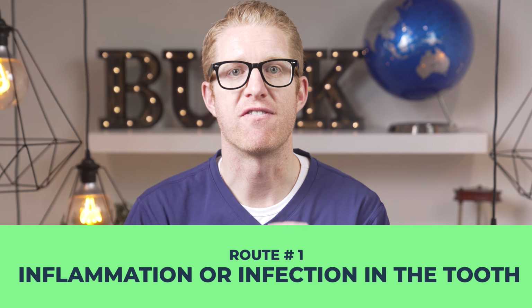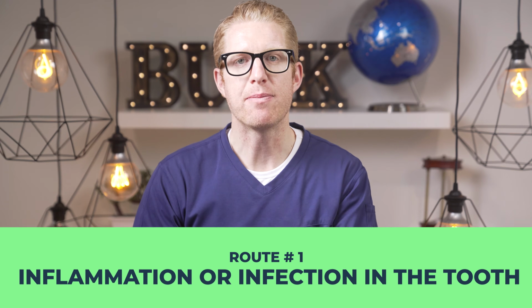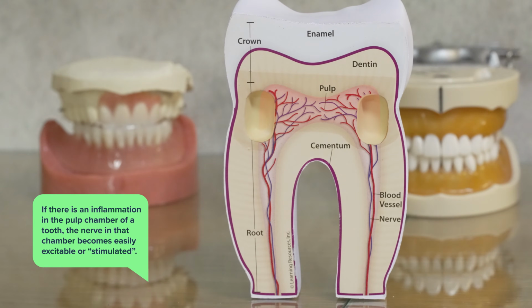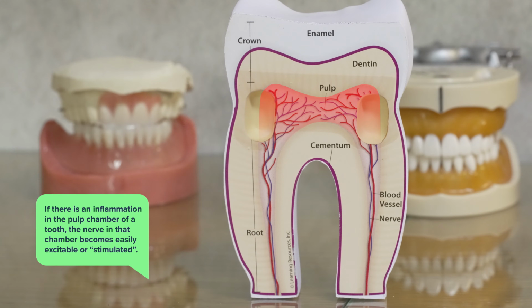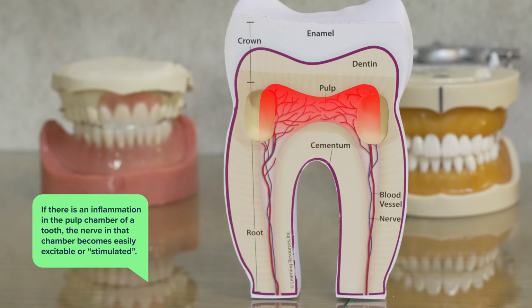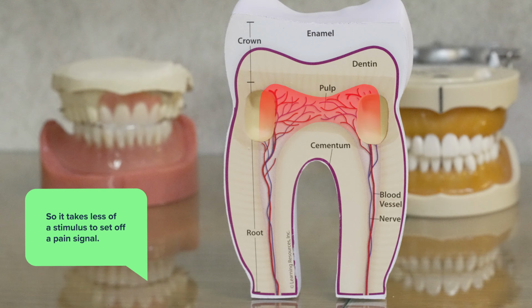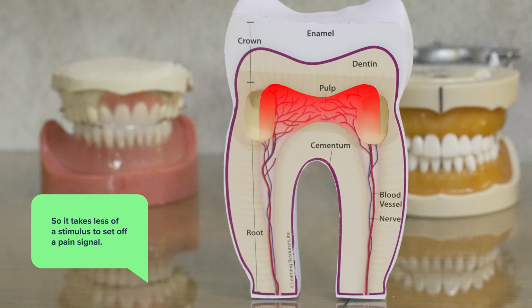Route number one has to do with the inflammation or infection in the tooth. What happens here is that if the tooth has inflammation in the center of the tooth called the pulp chamber, the nerve in that chamber becomes more easily excitable or stimulated, shall we say. So what that means is it will take less of a stimulus to set off a pain signal to the brain.